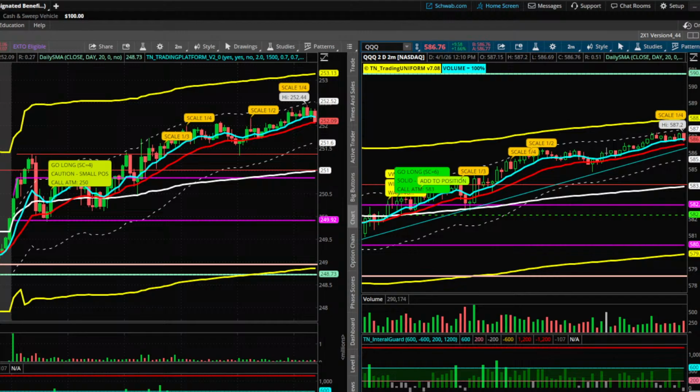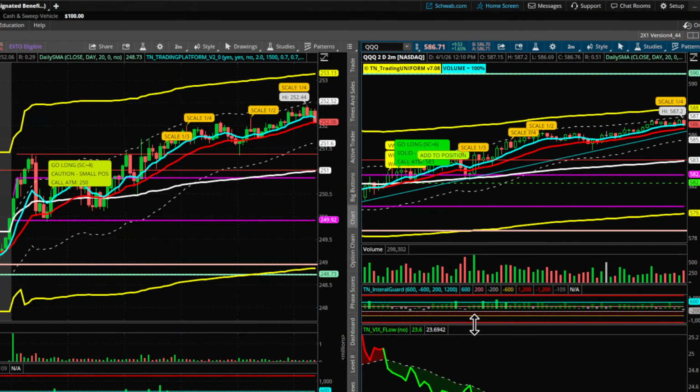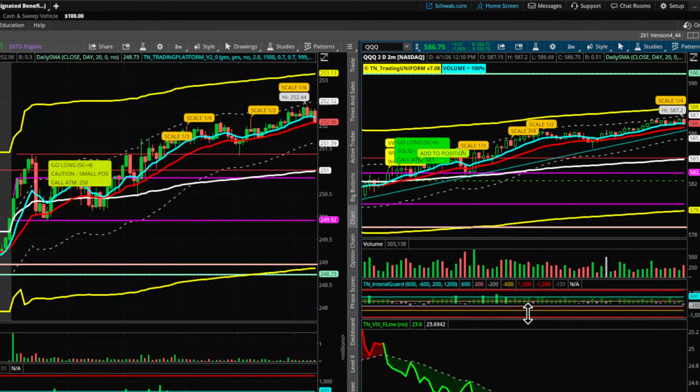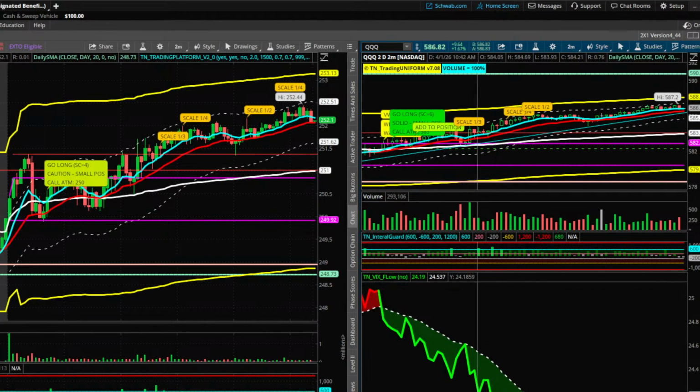Let me also show you another thing here. I'm going to move this right up. This plot here, let me see if you can see it. This is VIX, and if you look at VIX, VIX is extremely low.